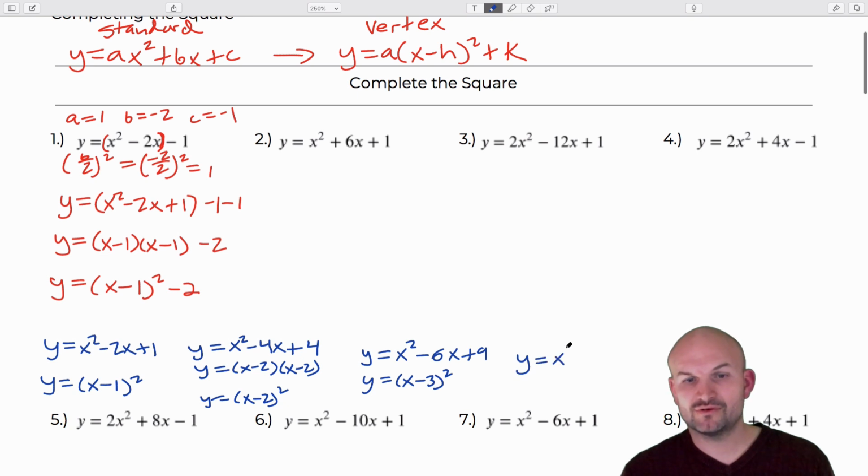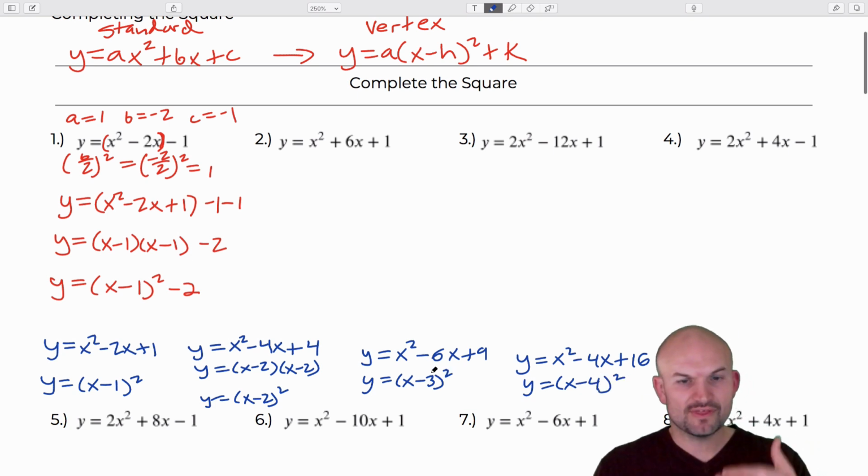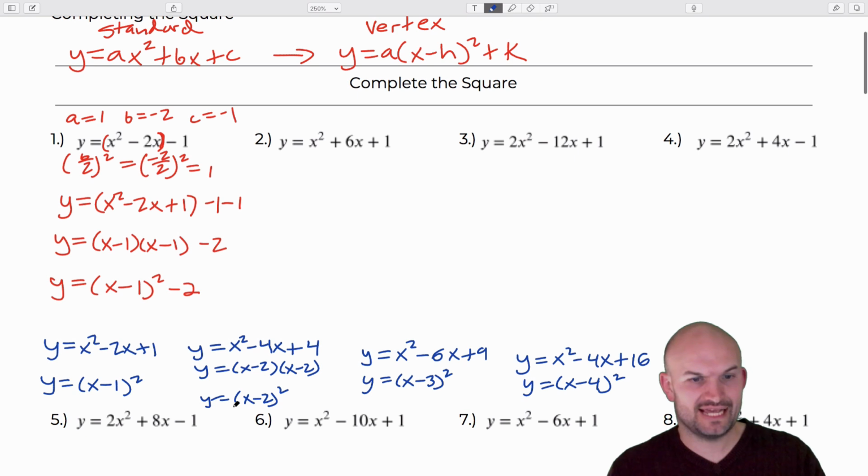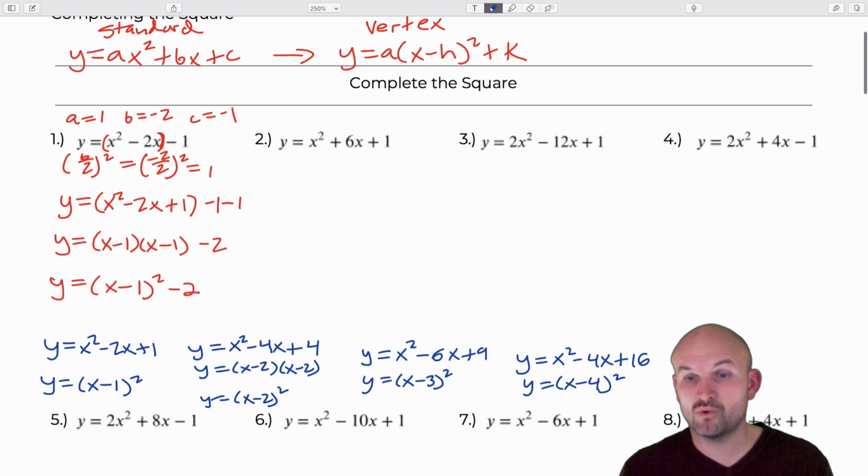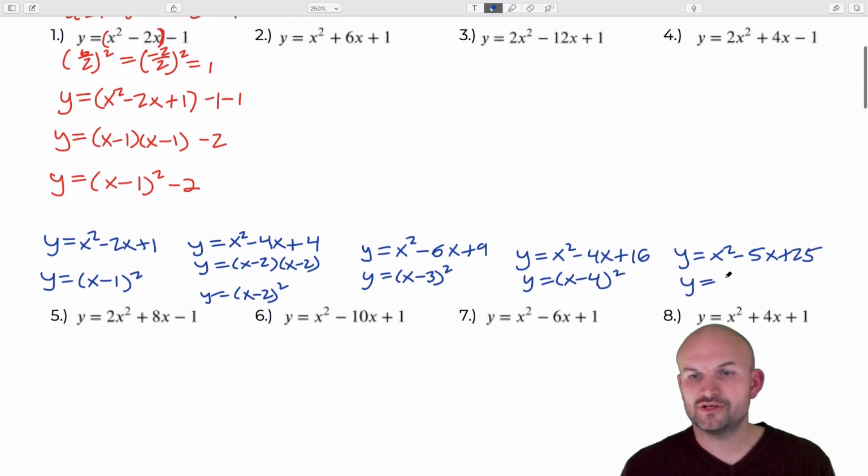Another one is y equals x squared minus 8x plus 16, or let's just keep it as a negative: y equals x minus 4 quantity squared. Okay, so the important thing is if you can identify these perfect square trinomials. I'm going to do one more, because I know I have it in this problem: x squared minus 10x plus 25, and that can be factored down into x minus 5 quantity squared.